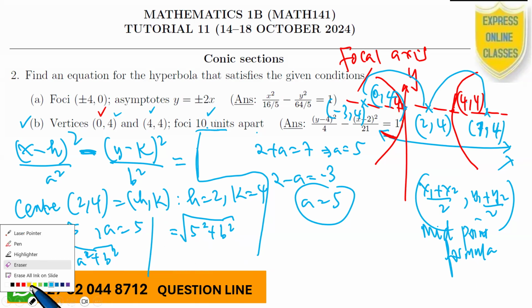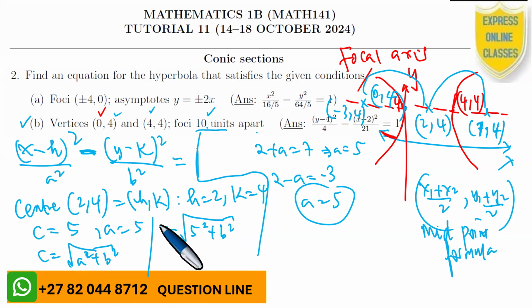We already got that our C is 5, and our A is 5. You square both sides, getting 25, which equals 25 plus B squared.